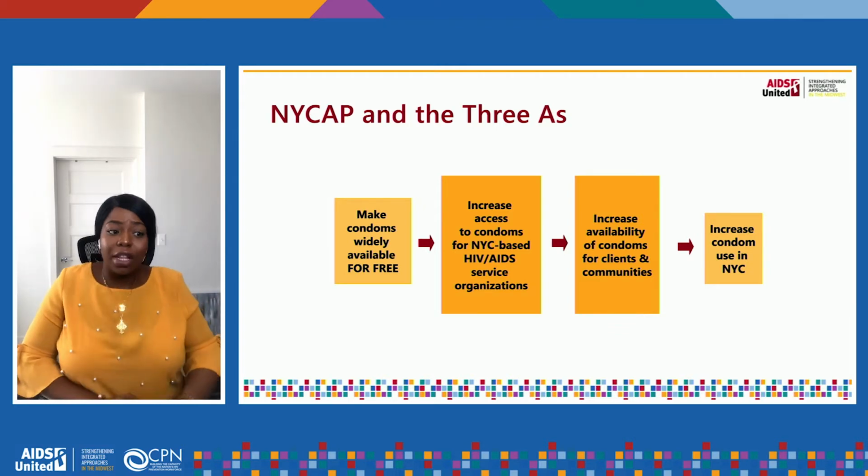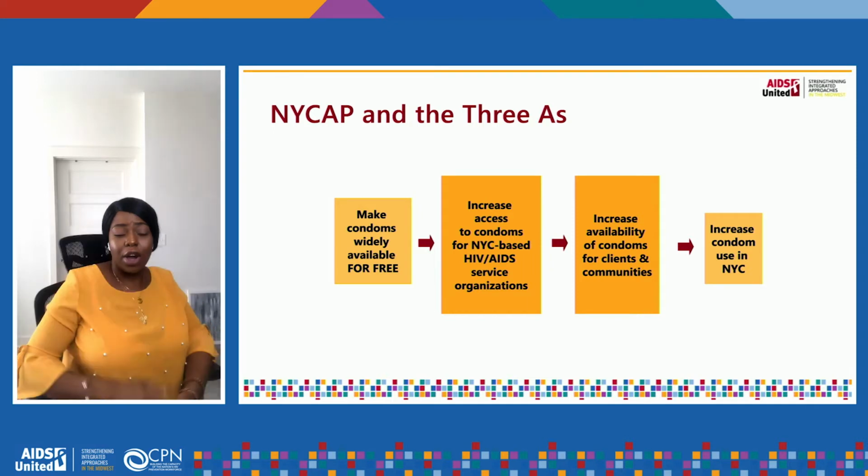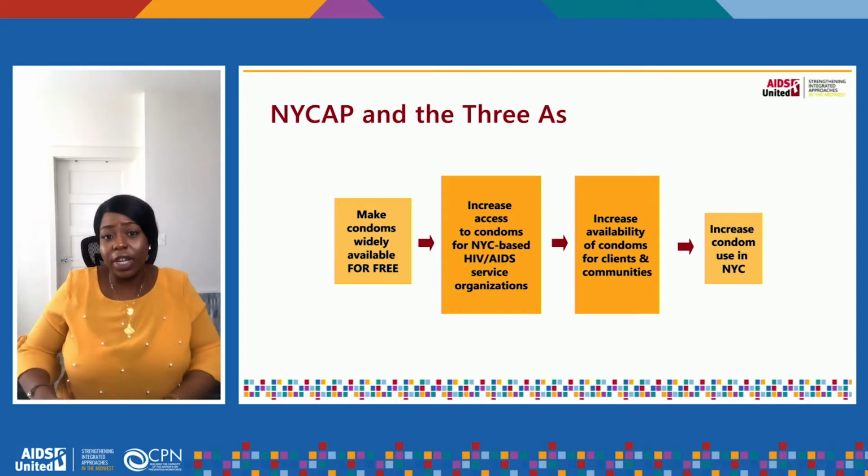Additionally, increase availability of condoms for clients and communities, and increase condom use in New York City. Just relating back to how Carson had mentioned, really hitting all three of those levels, right? Availability being individual, accessibility being organizational, acceptability being environmental and/or community.